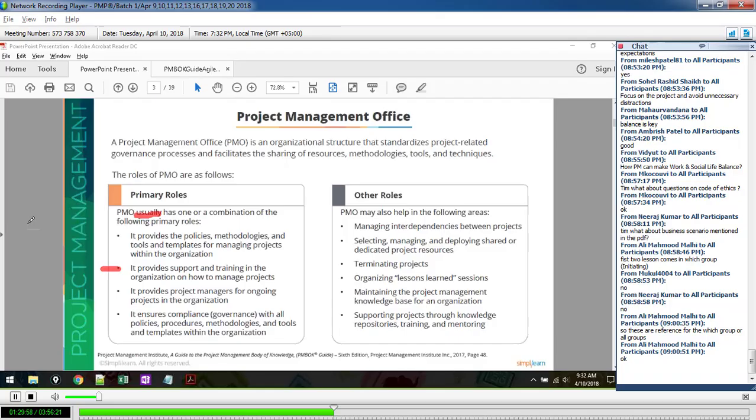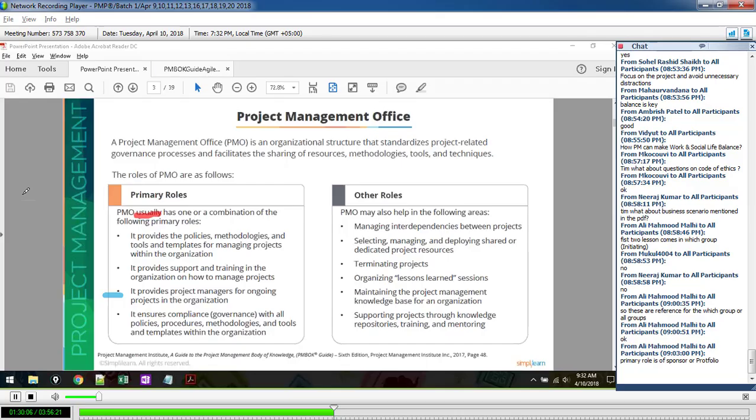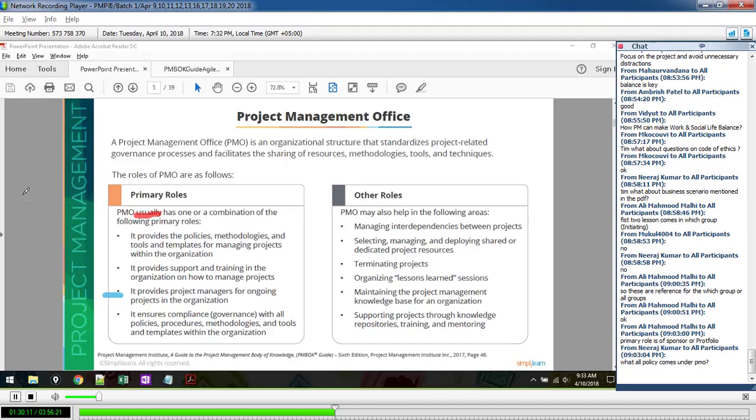It's good for business, standardization. PMOs can provide project managers for ongoing projects. It can ensure compliance, not all the times. Sometimes PMOs are advisory. Primary role is of sponsor or portfolio.